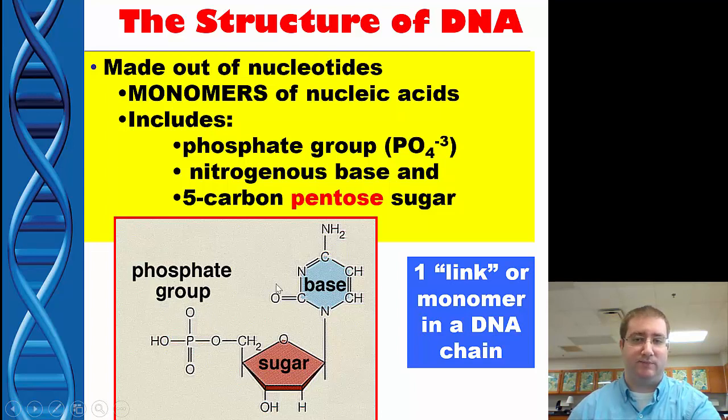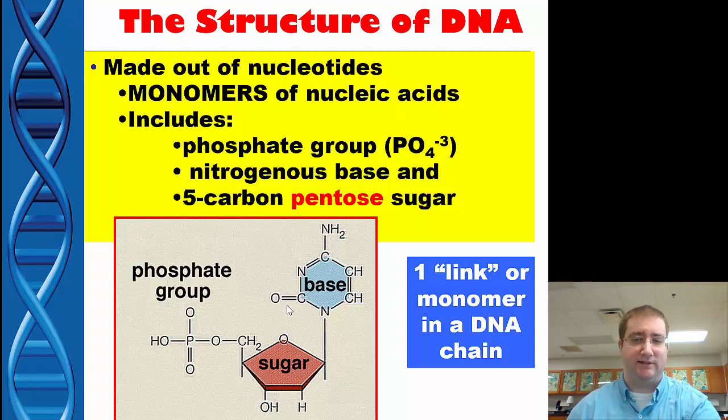You have a nitrogenous base or a nitrogen base, and then you have this 5-carbon sugar. So a phosphate group, a nitrogen base, and a sugar, this pentose sugar. And each one of these little nucleotides is what you link together in a big long chain to form that nucleic acid, specifically that DNA molecule or RNA molecule.